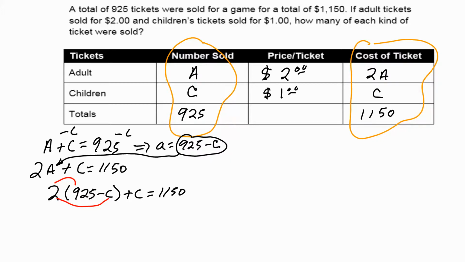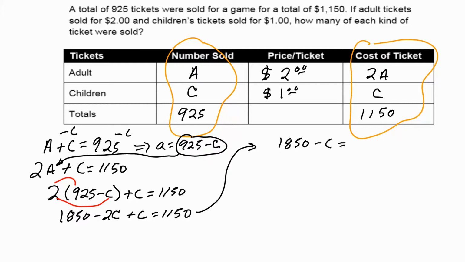So we'll get 1850 minus 2C plus C equals 1150. So now all we need to do is combine and simplify. I'll put that over here. So we'll get 1850 minus C equals 1150.